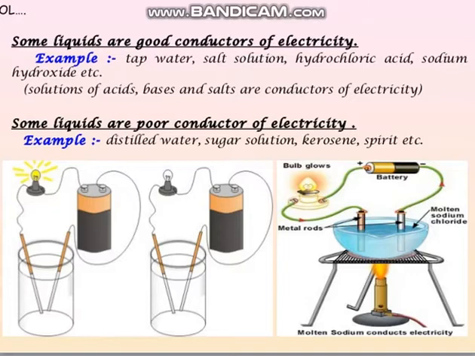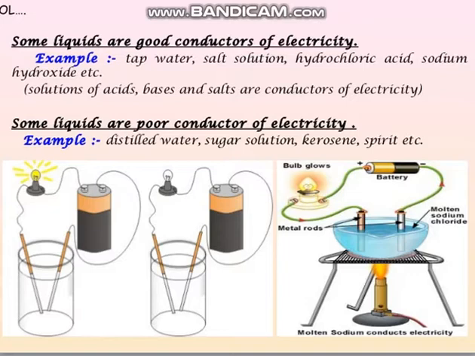Similarly, some liquids also show conductivity of electric current. Examples are tap water, salt solution, hydrochloric acid, sodium hydroxide solution, etc. All solutions of acids, bases and salts show conductivity.